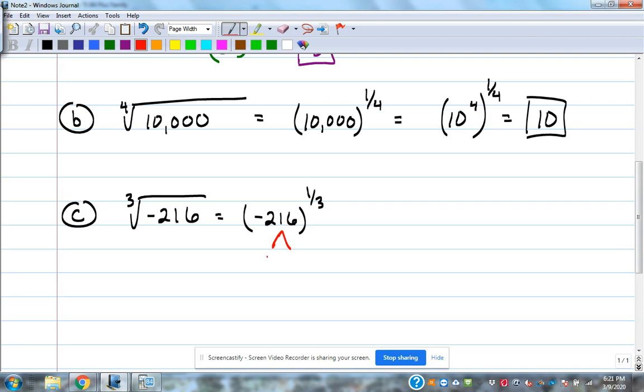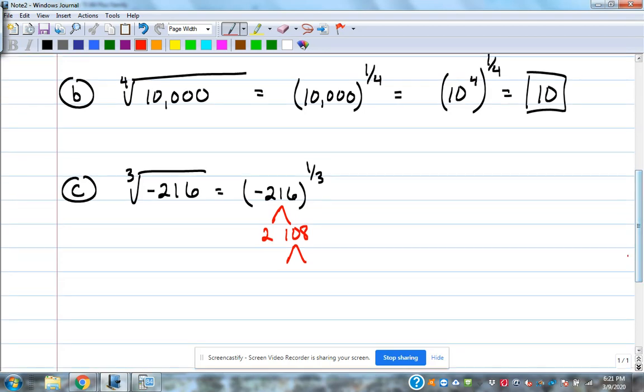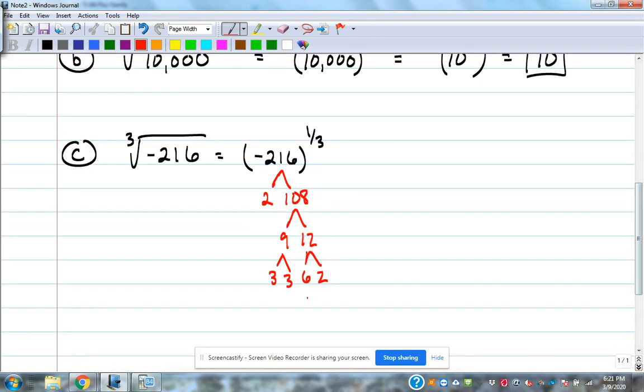It's even, right? So 2 goes into it 108 times. And we know a little bit more about 108. Yeah, 9 times 12 is how we get that. And then 9 is 3 and 3. And 12 is 3 and 4, or 6 and 2. Doesn't really matter which way you go there.